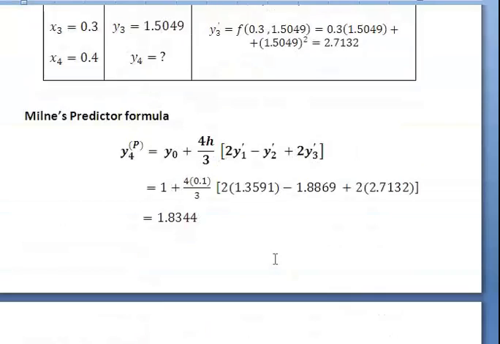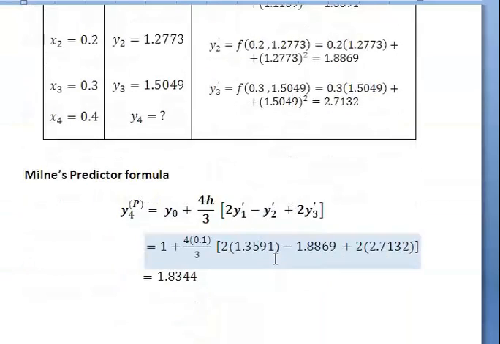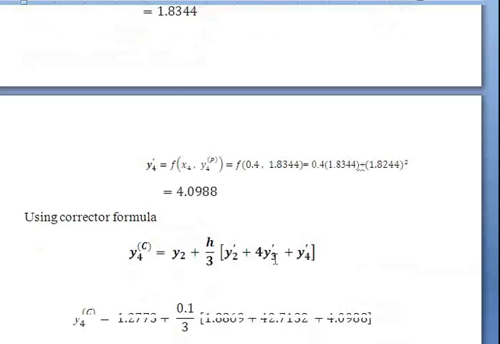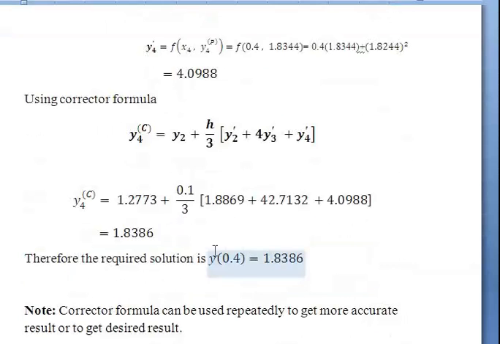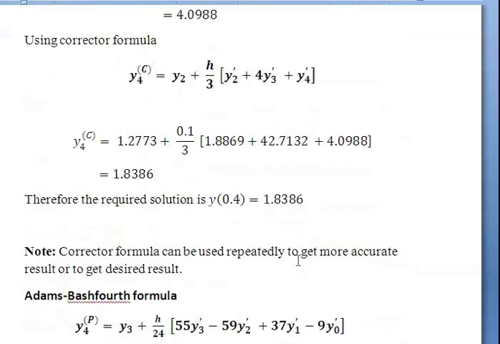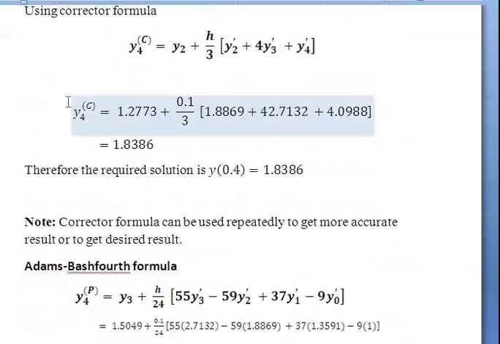At the same time we can use Milne's and Adams-Bashforth methods. Note that the corrector formula can be used repeatedly to get a more accurate or desired result.